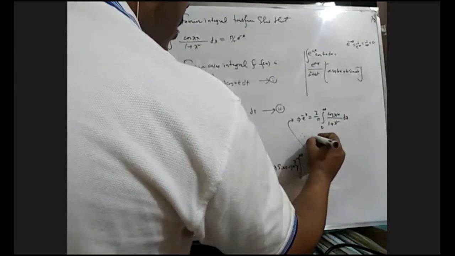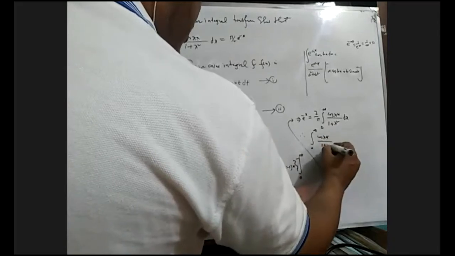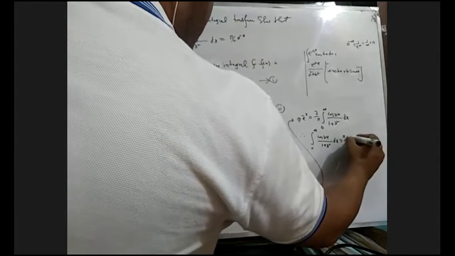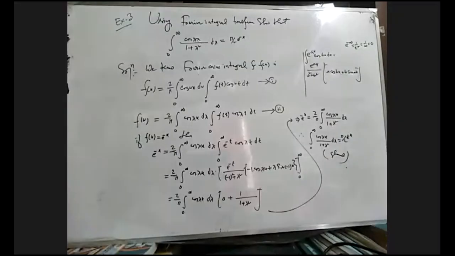So therefore, the integral from 0 to infinity of cos lambda x divided by 1 plus lambda square d lambda equals pi by 2 e to the power minus x. This is the result just by using the Fourier cosine integral transform for f of x.